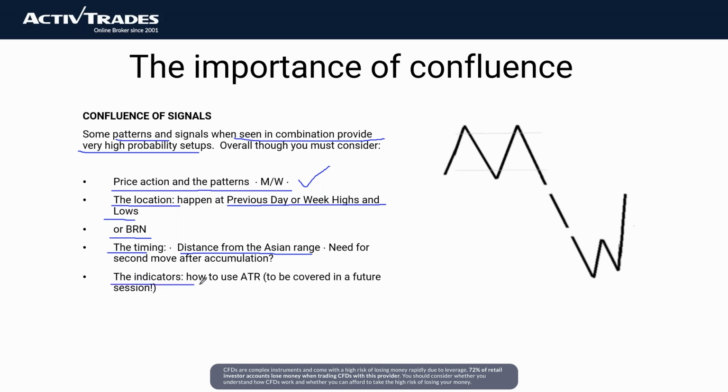Sometimes indicators can help too, such as average true range. I'll cover that more in depth in a future session, but really that's just looking at whether price is already overextended in relation to its average true range for that time setting.